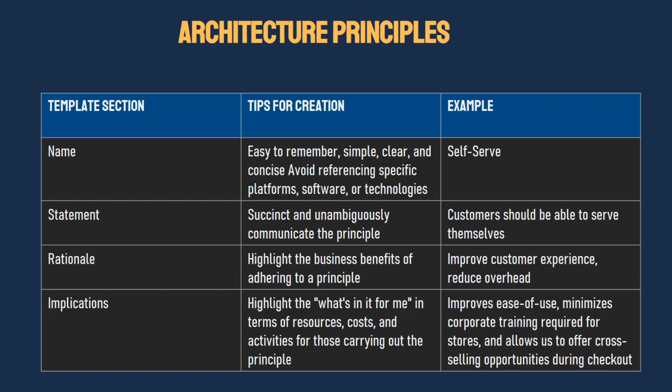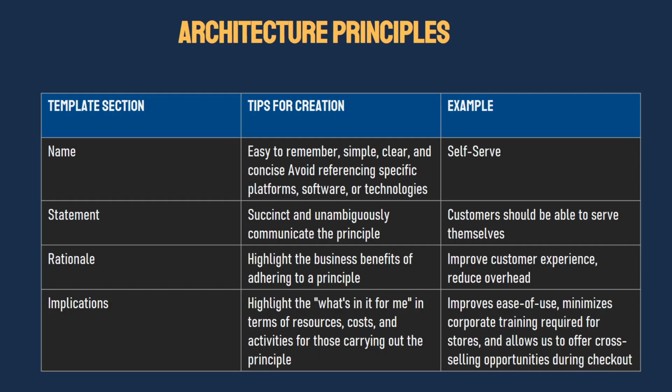For example, we might name a principle self-serve. Then there is the statement. The statement is supposed to succinctly and unambiguously communicate the principle. For example, for self-serve: customers should be able to serve themselves.